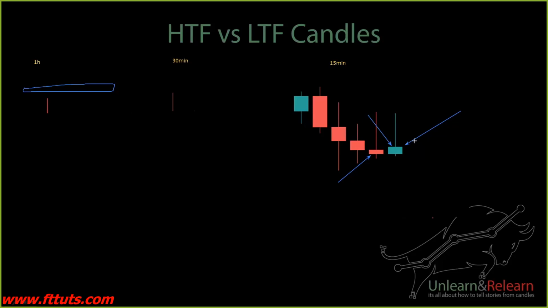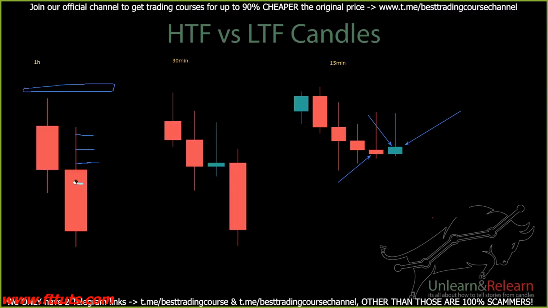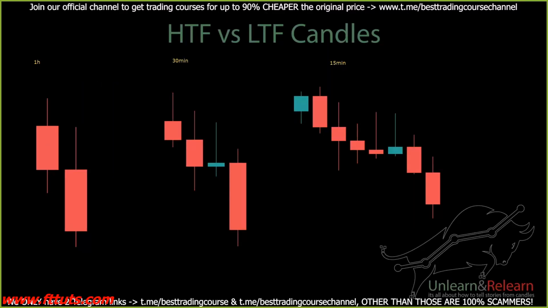We don't know where it's going to go because it's a smaller time frame. It's giving us weak confirmations. This doesn't make any sense. That's why we're looking at the higher time frames, because the higher time frames will tell us where price is going to go. Eventually it starts to go down, but on the 1-hour, it was much, much cleaner. On the 30-minute, it was a little bit dirty. On the 15-minute, it was pretty garbage, it was pretty hard.